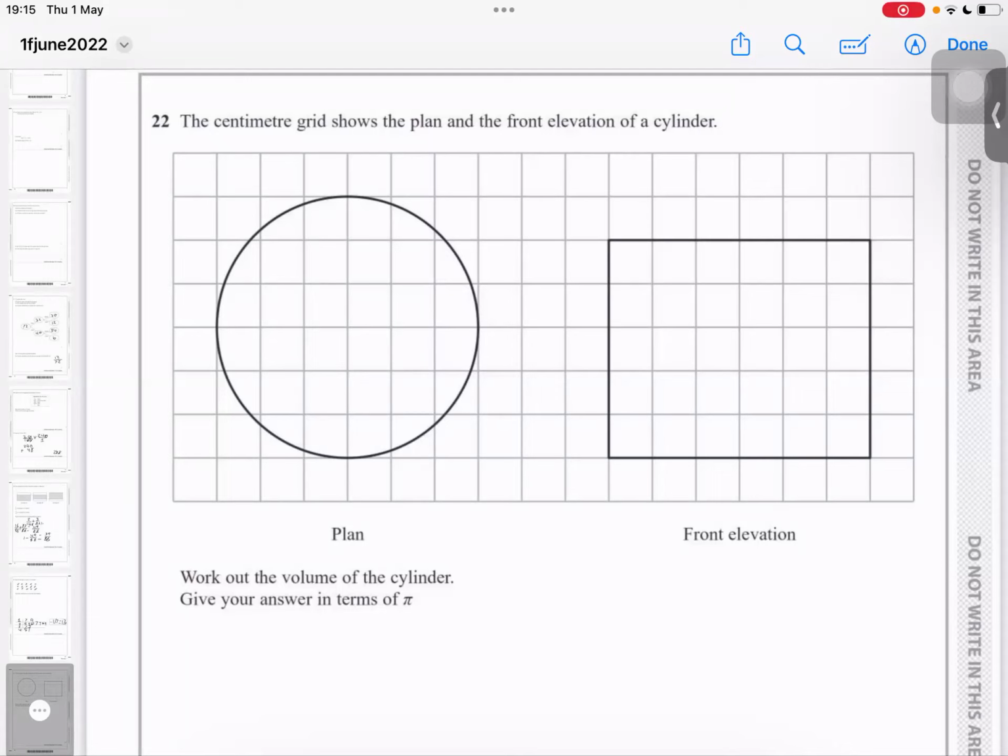Yes. Okay. So now, if I have 5 squares and each of them is 1 centimeter, that means the height of my cylinder is 5 centimeters, right? Yes. Now remember how I started. I said the volume of any solid shape is the area of its plane shape times its vertical height.